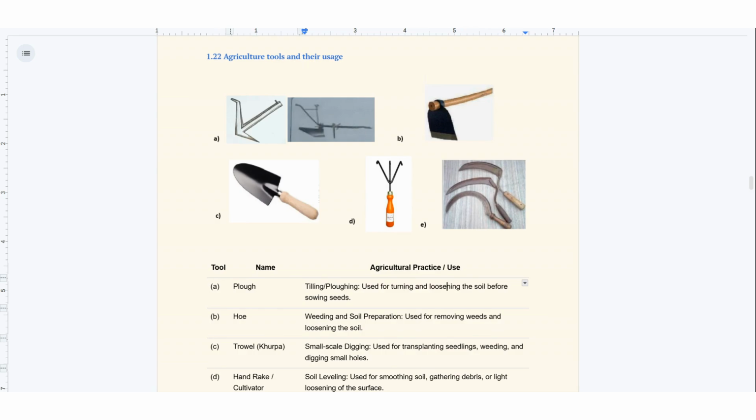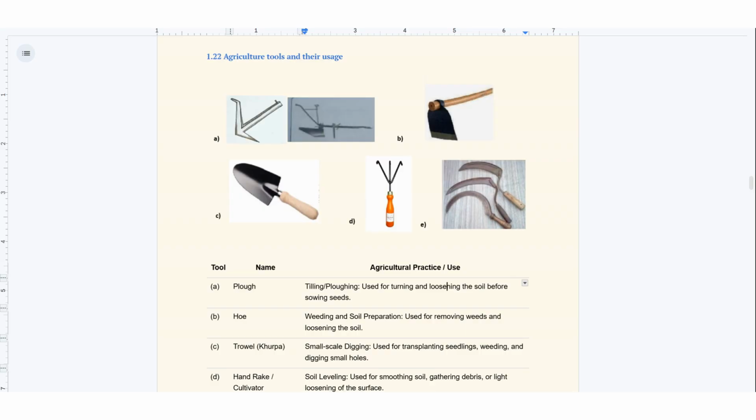Basically, before sowing the seeds in the farmland, you have to take the plow and draw kind of lines. Doing it manually, like taking the spade or hoe, is time consuming. That is why this is the easiest method. You can also use a small tractor.